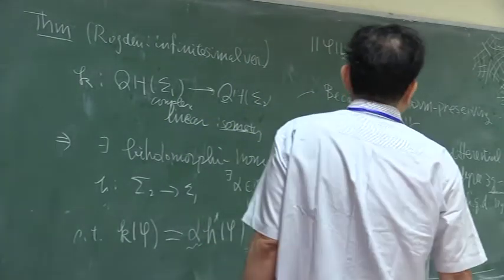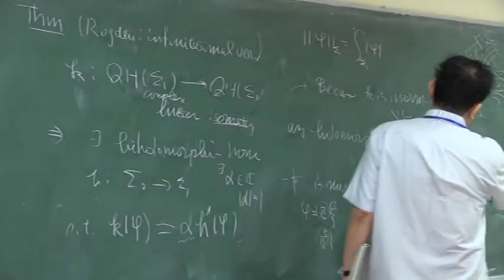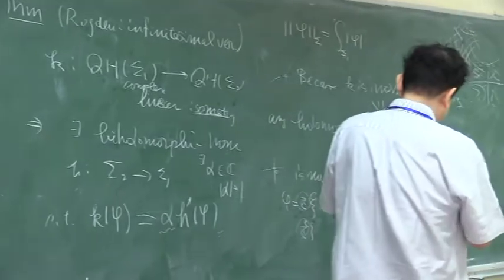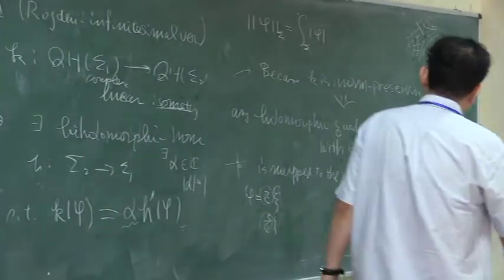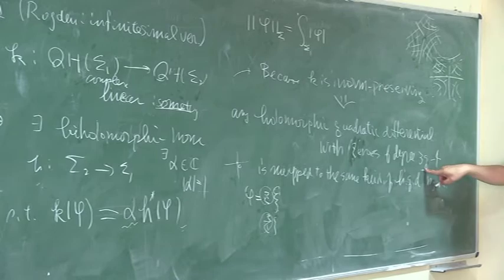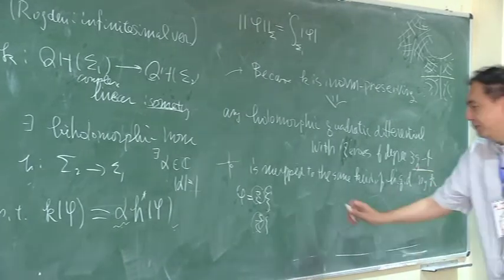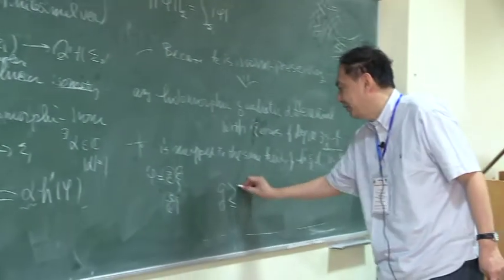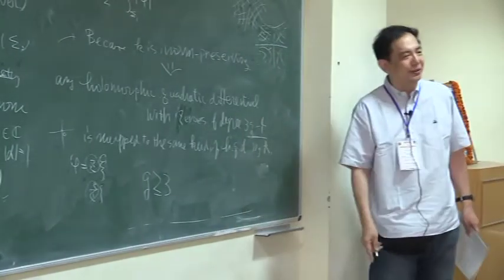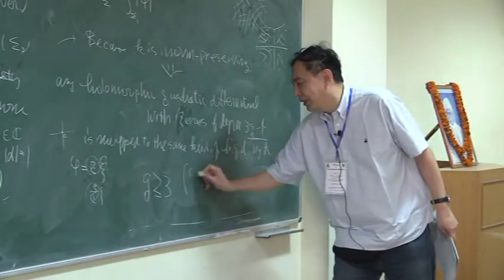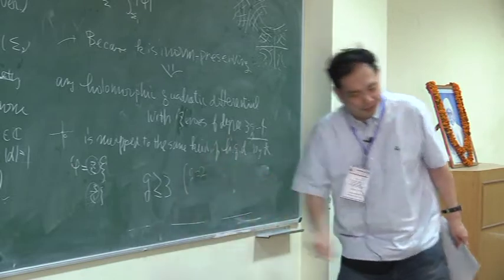So, why do we choose 3g minus 4 here? Because, for instance, we first consider the case when g is greater than or equal to 3. The g equal to 2 case is exceptional.